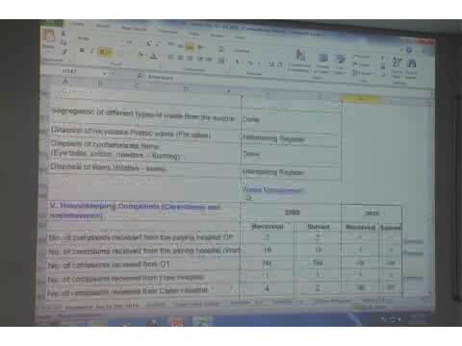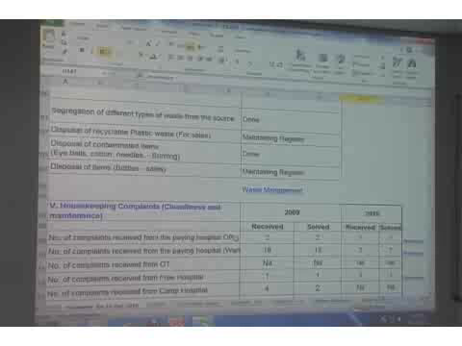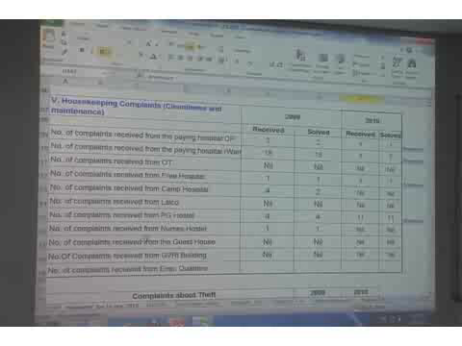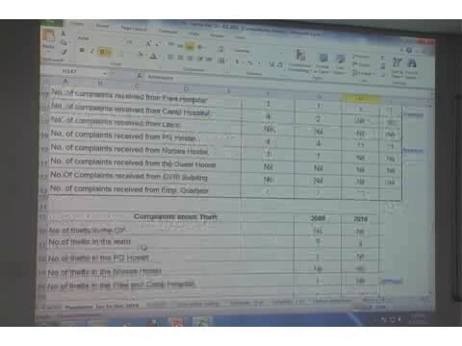So we can see if there's a variation between the 2 years, how many complaints they received, how many they resolved. These are some of the major complaints. We have a separate section about theft.